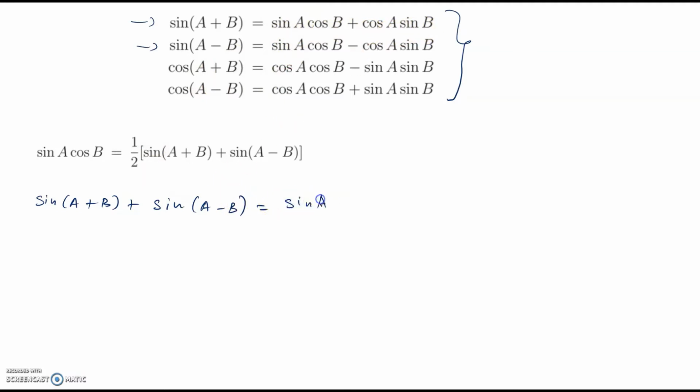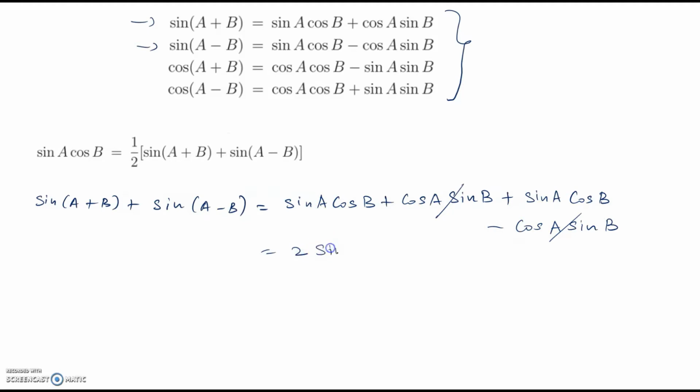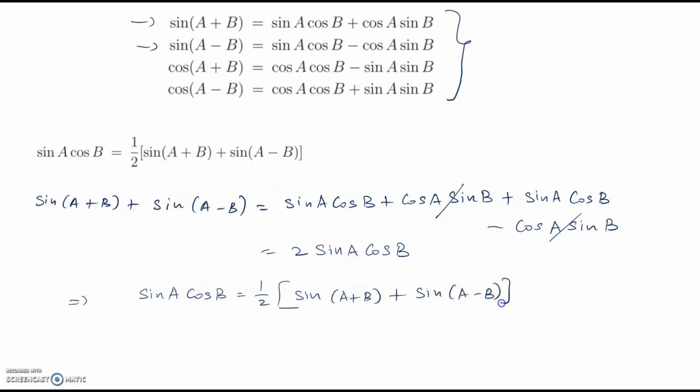So that is sin A cos B plus cos A sin B, plus sin A minus B, which is sin A cos B minus cos A sin B. Now these two terms will disappear, plus and minus, and these two terms are the same, so this becomes 2 times sin A cos B. We can rewrite this by taking the 2 to the other side: sin A cos B is equal to 1 by 2 times sin A plus B plus sin A minus B.